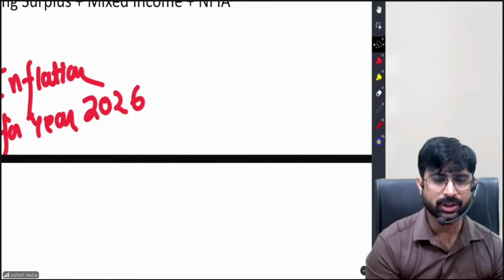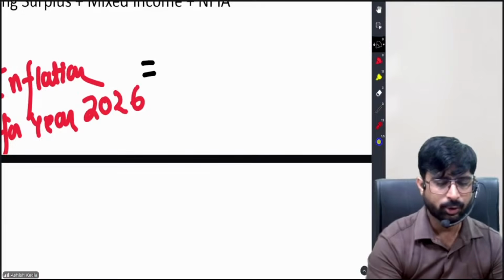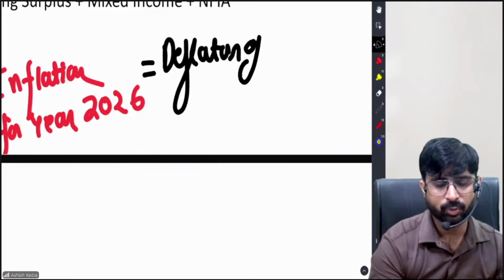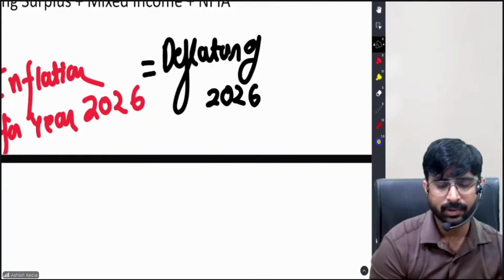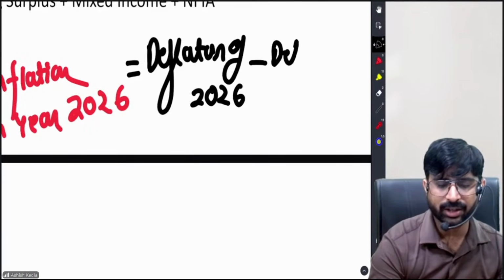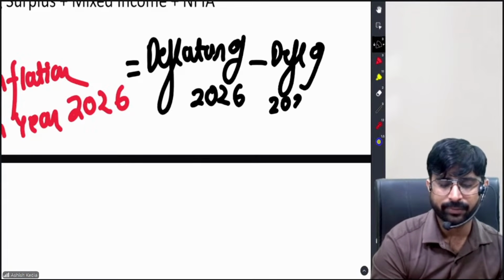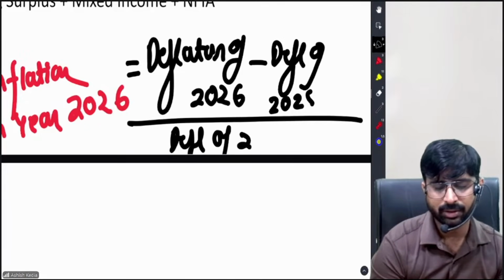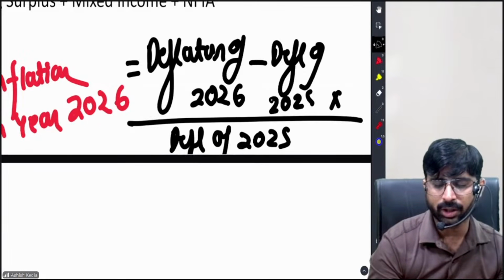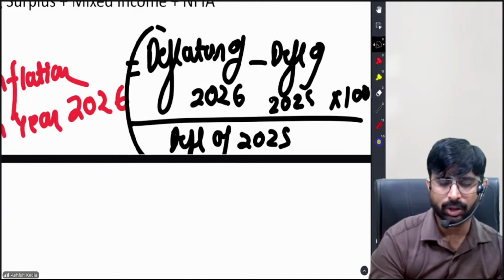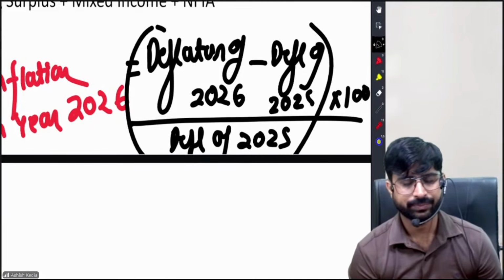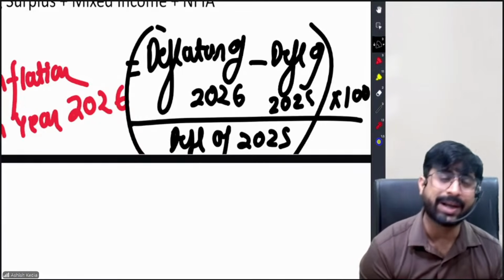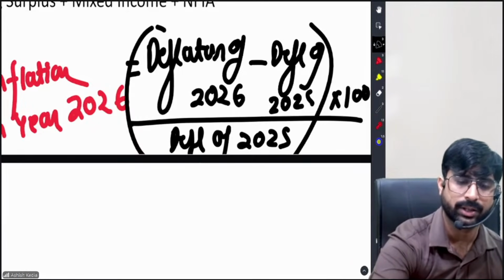Inflation for year 2026 is deflator of 26 minus deflator of 25, by deflator of 25, into 100. Game over.